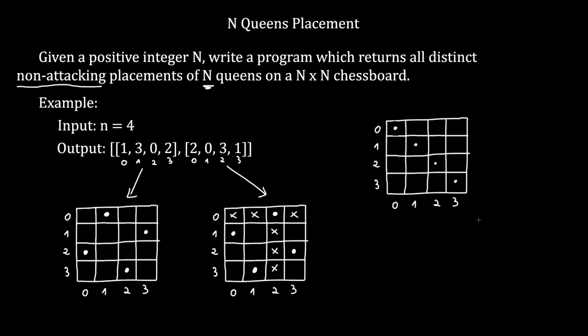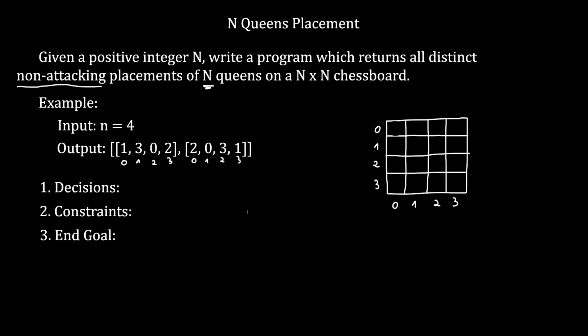So let's write together our 3 key points of this backtracking approach. We have first the decisions, and our decisions should be, for each different row, to pick the column of the queen on that row. So I will go through the rows from 0 to n-1 and pick a number in the range that starts at 0 all the way to n-1.